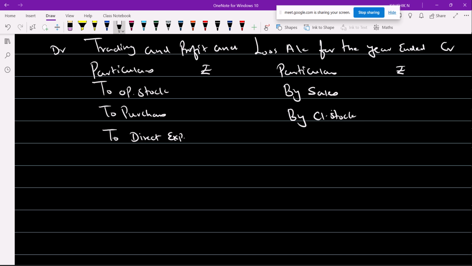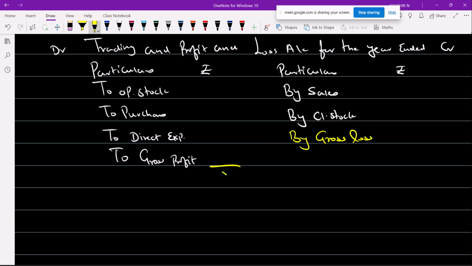If suppose your credit side is heavier, then you'll record here as to gross profit. Or if your debit side is heavier, you'll be recording it as what? By gross loss. Any one only will come into picture. Am I right? Okay.